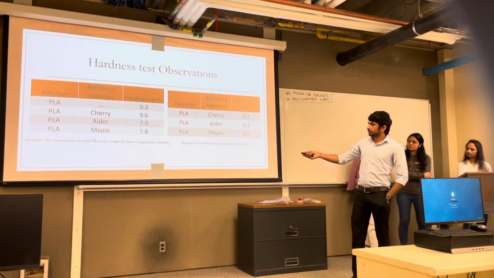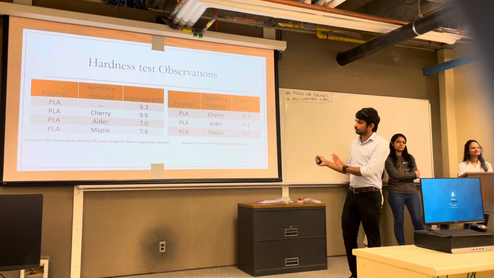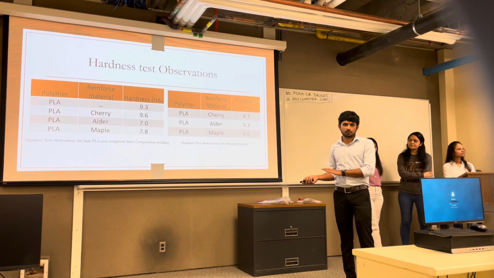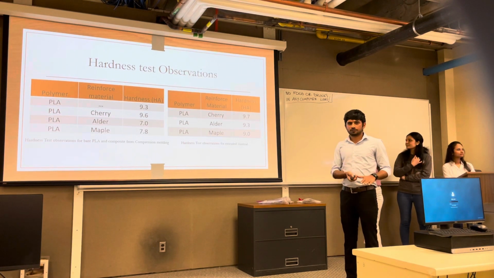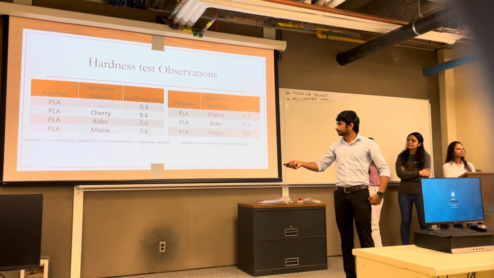Based on those results, we concluded that cherry wood is the best in both cases. You can use either, but I would suggest using the compression mode because it's more cost efficient, because the extruder is costlier than compression molding.